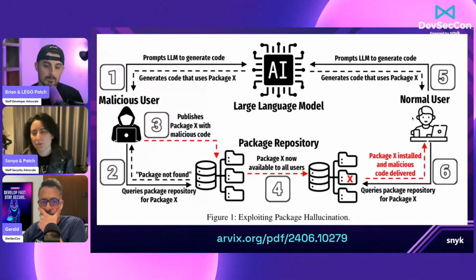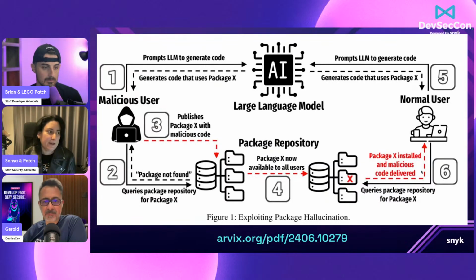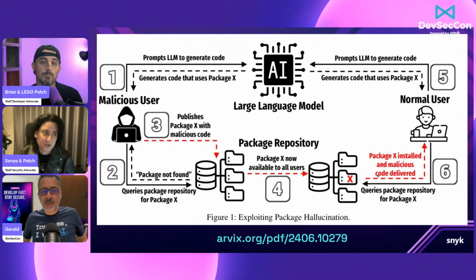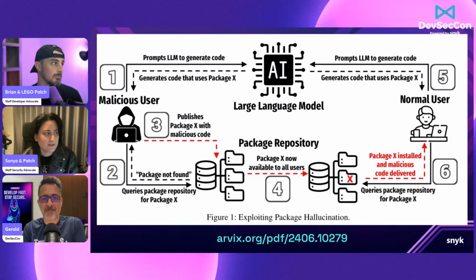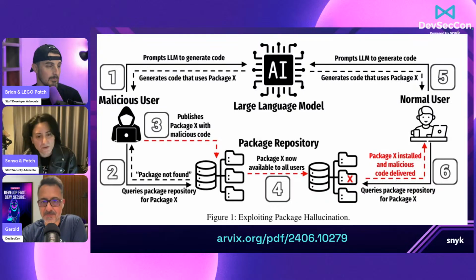Then the normal user will prompt the LLM and get this mention of package X, and going through the registry, will see that the package exists now because the malicious user pushed it. It will download malicious code. So this is a new vector because of hallucinated packages. Malicious users can create those hallucinated packages and take advantage of normal users. So we're seeing new vectors of attack, and this is one of them.